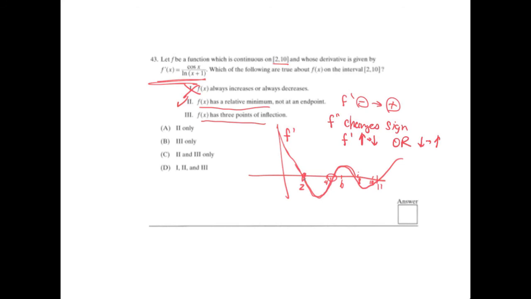Looking at our f prime curve, we see that it's decreasing on this region, then increasing on this region, then decreasing again on this region, and then increasing again. So from 2 to 10, it changes from decreasing to increasing, increasing to decreasing, then decreasing to increasing. So that happened 3 times. So yes, that one is true. So C is our answer. And that's it. I hope this helps.